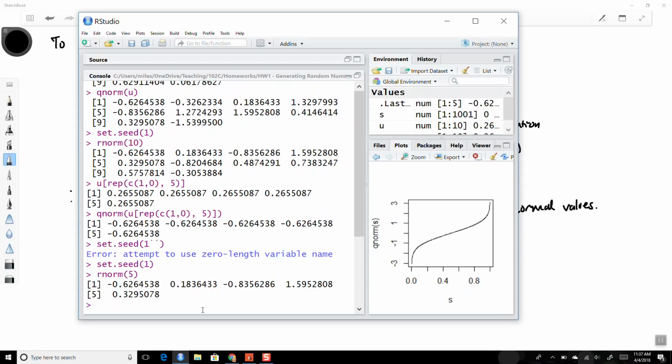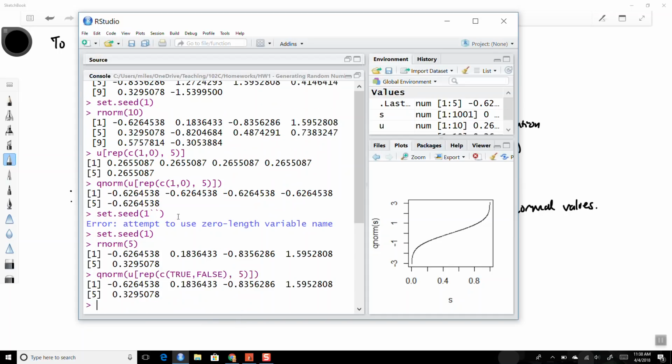I messed something up. Oh, not 1, 0. I needed a, is it not just true, false? Oh, TRUE, FALSE. Okay, and those two things would be equivalent, right? So if I generate random uniform values and I plug those into qnorm, I'm effectively getting the same thing as rnorm.